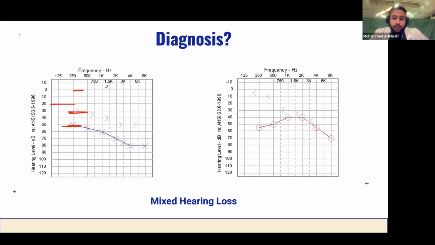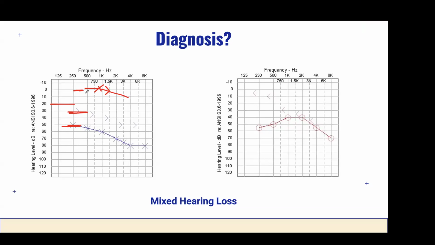To recap the audiograms, because you will get a question on this, okay? Let's just say this X is air, and this arrow is bone. In this case, they're both together above 20. Is this normal or abnormal? Normal.